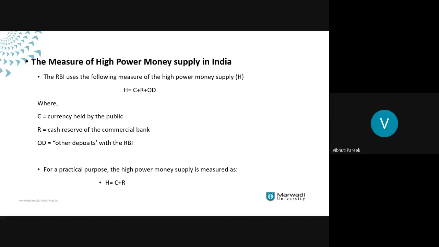So now the calculation that comes into existence is H is equal to C plus R, where C stands for the cash that is held by people and R stands for the cash reserves in the commercial banks.